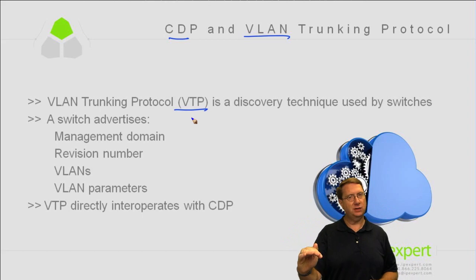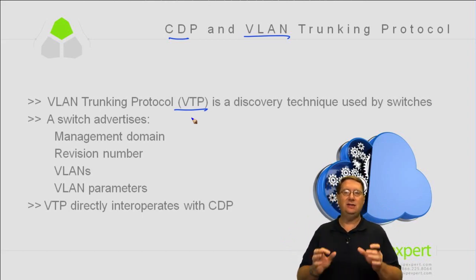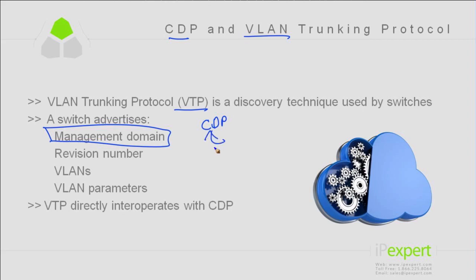Now, I just want to scratch the surface on this. What I want everyone to understand right now is that the VTP domain information is exchanged via CDP. So this management domain, the VLAN domain, or the VTP domain, is actually going to be communicated inside of my CDP messages.